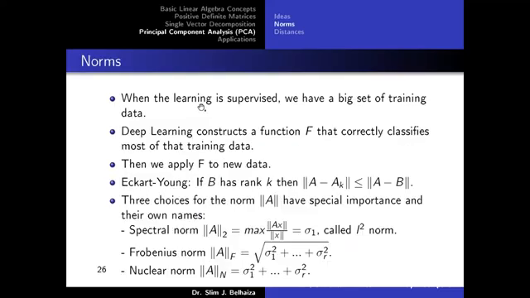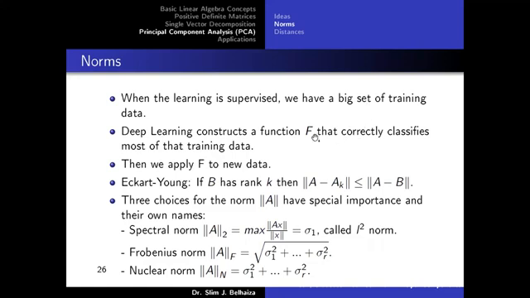So when the learning is supervised, in fact, we have a big set of training data, and we call that deep learning. So supervised learning is deep learning, unsupervised is PCA. Deep learning constructs, in fact, a function that is trained or obtained from the training set of data.